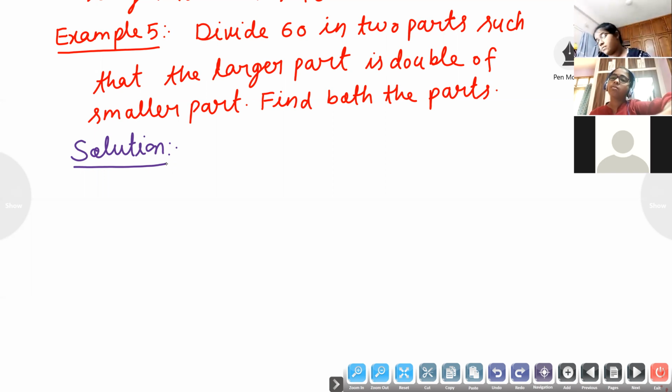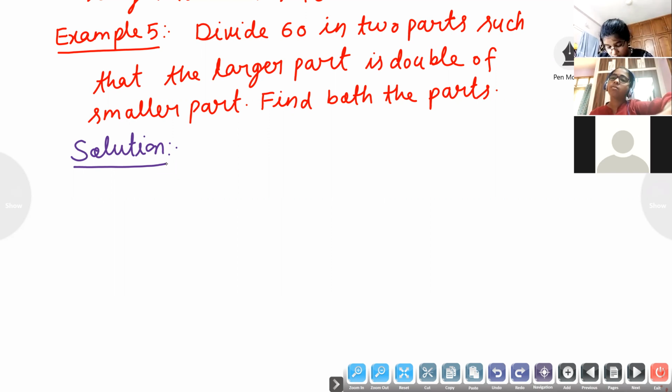In this question, he has given divide 60 in two parts such that the larger part is double of the smaller part. This line is very, very important. The larger part is double of the smaller part. Means what can we say? If the smaller part is x, then the larger part will be 2x.